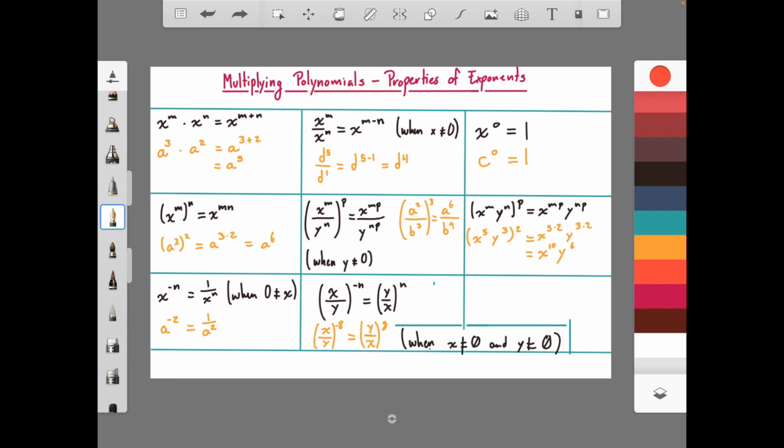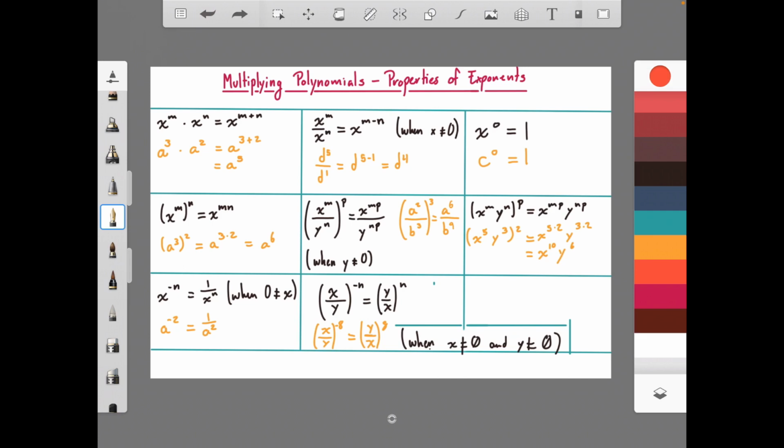Okay, now the next rule is kind of similar. The next 2 rules are going to be similar to the power of powers one, except there are some minor differences, mainly because we have to use distributive property.